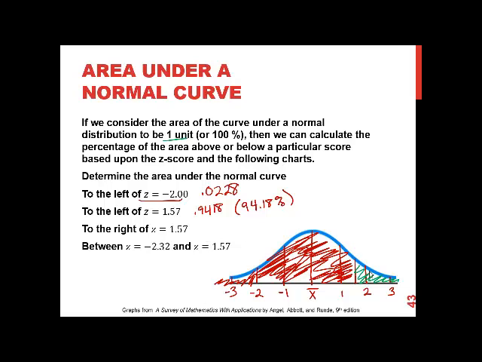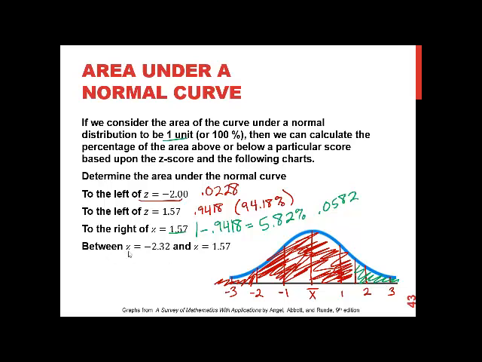So to find to the right of something, we'll look up the number on our chart, and that'll tell us to the left of it, and then we'll take that away from 1. And we get 5.82% or 0.0582. That's the area to the right.